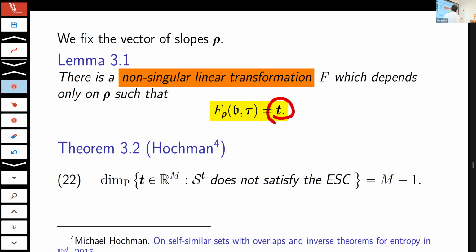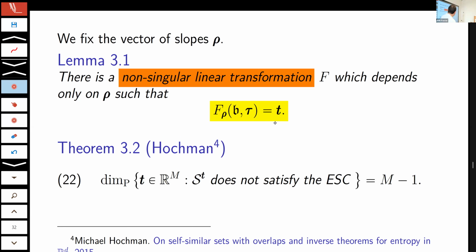So this T vector has the vertical translations of the self-similar maps in the generated IFS. We have this nice connection with this non-singular linear transformation, which means that we can calculate the dimension of the exceptional sets and send it to the set of the other space with these parameters.